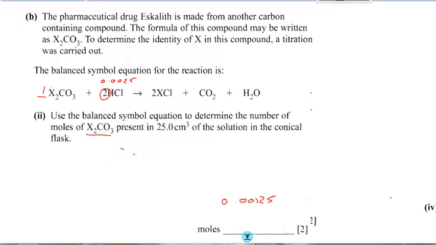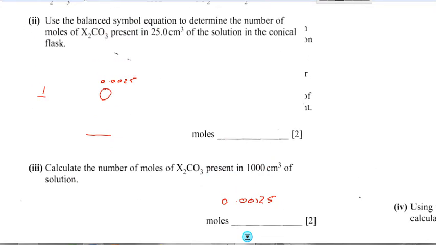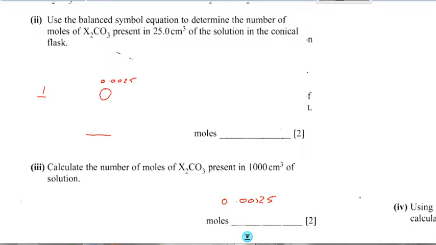Now let's have a look at part 3 here. We've got to calculate the moles of X2CO3 in 1000. Well, there's the number of moles in this instance, which was in 25 cubic centimeters.